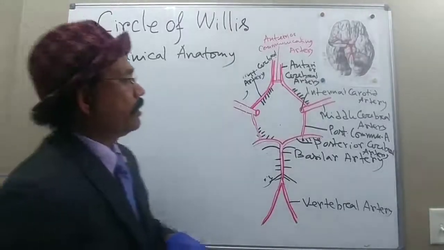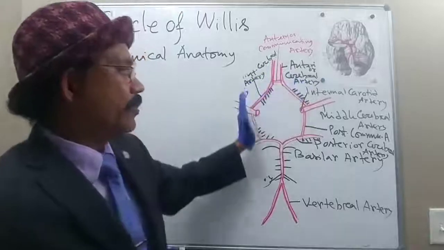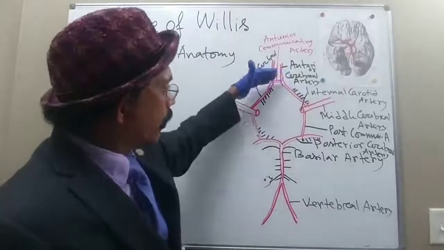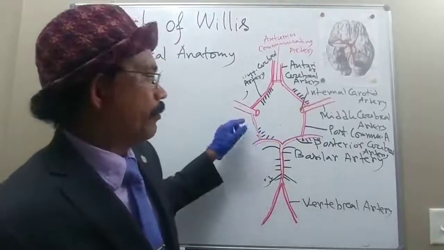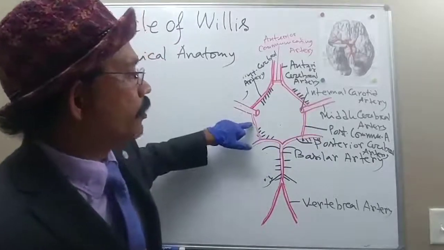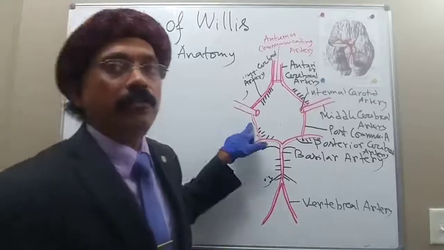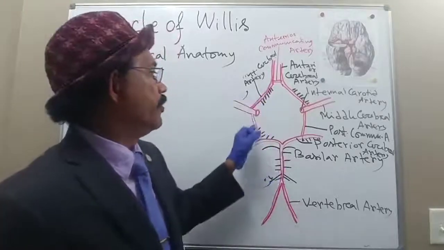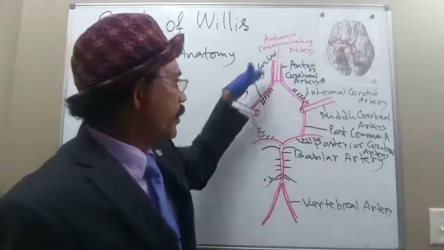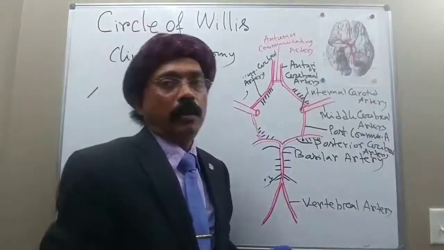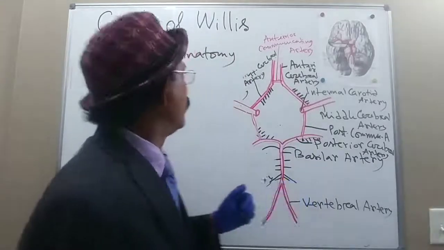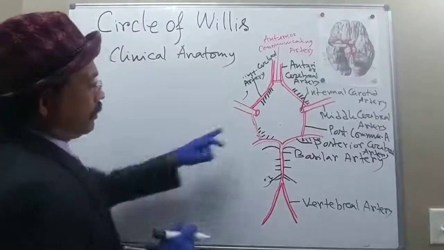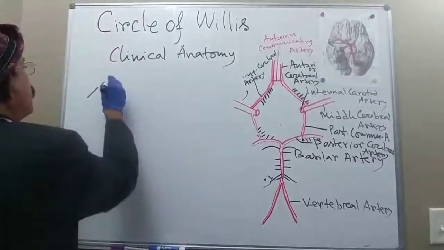One is that the circle of Willis is made to compensate any block to the other side, but it doesn't always happen because the posterior communicating artery is usually narrow, so it is not sufficient to maintain the anastomosis in case of emergency.